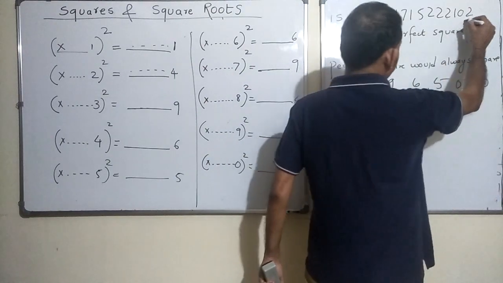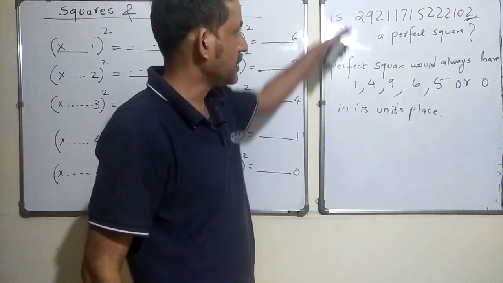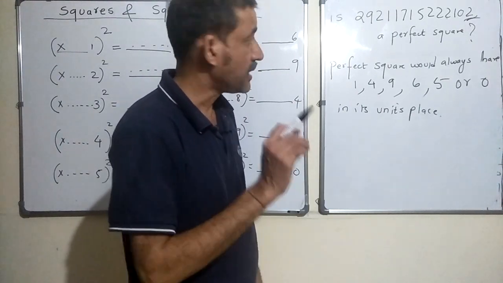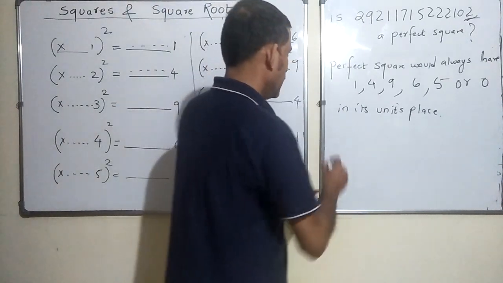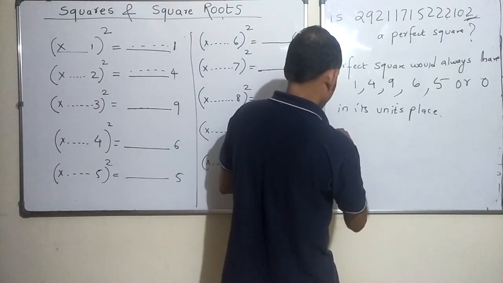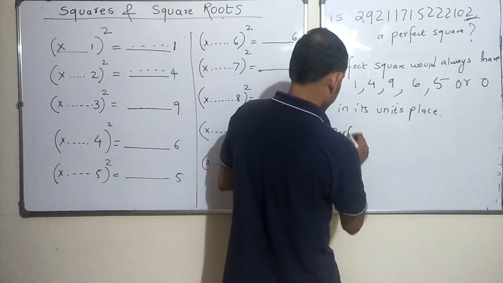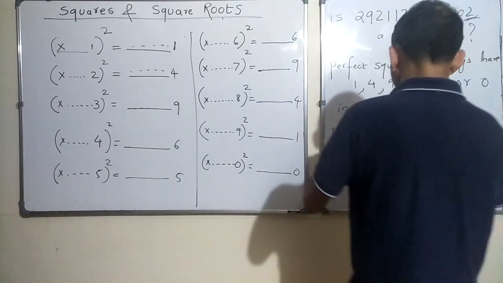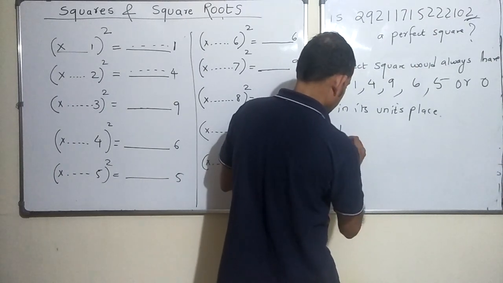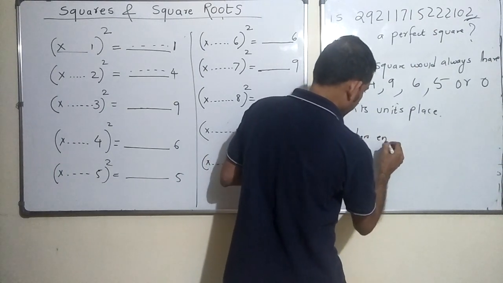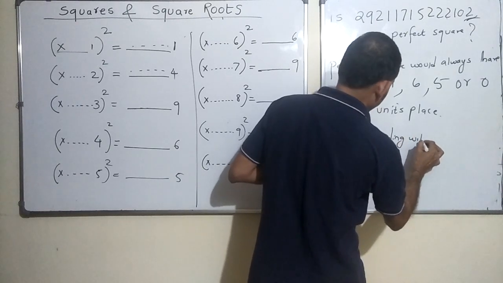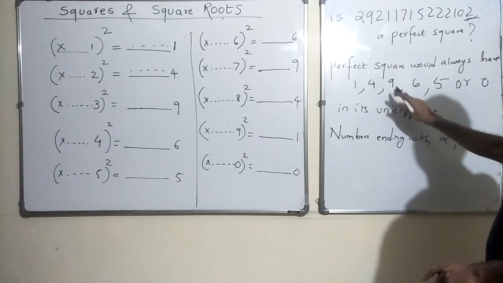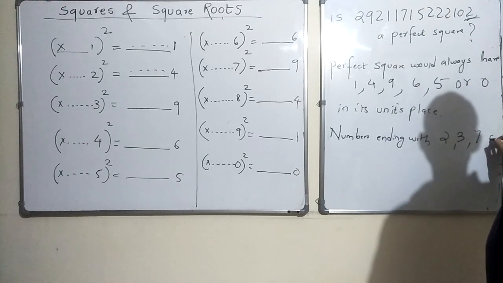Now in this case we have 2 in the units place. Okay, do you think in that case this can be a perfect square? Definitely this is not a perfect square. So which means perfect square numbers ending with 0 is here, 1 is there, 2 is not there, 3, 4, 5, 6, 7 or 8.